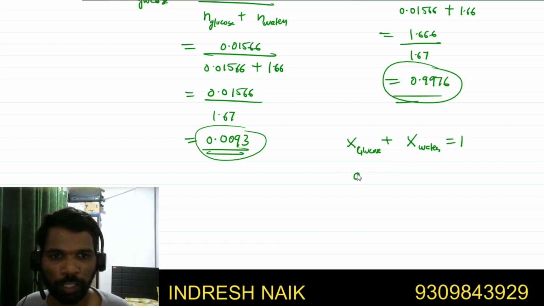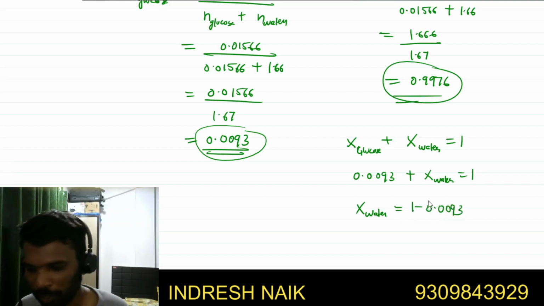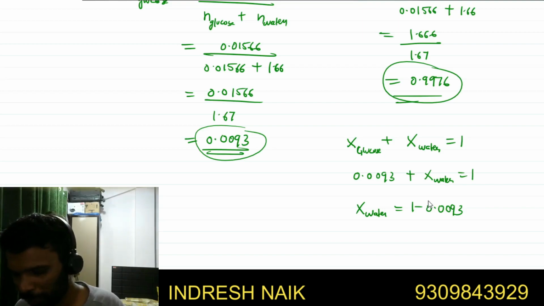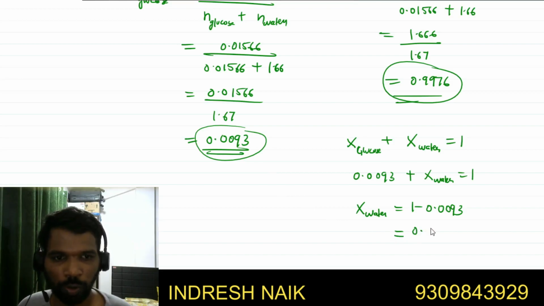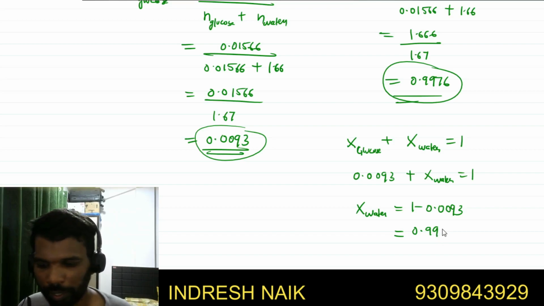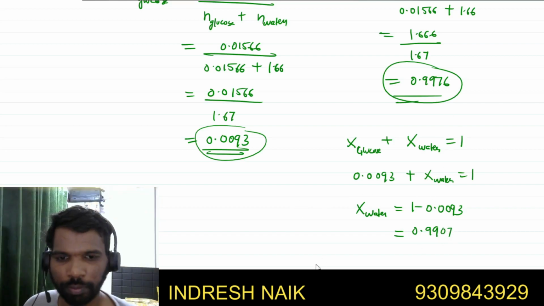We have found this value to be 0.0093 plus mole fraction of the water, which is equal to 1. So mole fraction of the water is just 1 minus 0.0093. The answer comes the same way, 0.9907. These answers are very close.